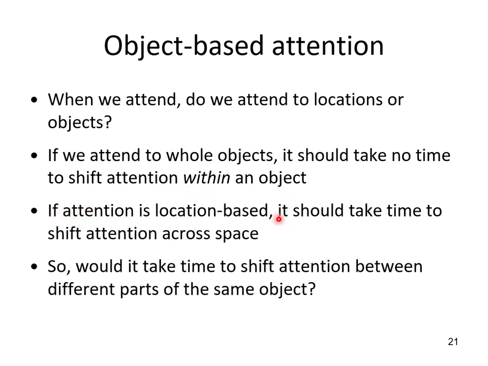However, if attention is location-based, then it should take time whenever you move across space. So when you focus on the cap and then you move your attention to the end, then you're moving across space. Then, if attention is location-based, it should take some time.